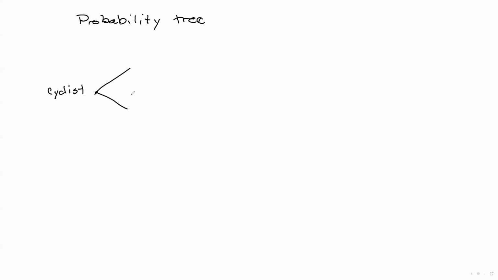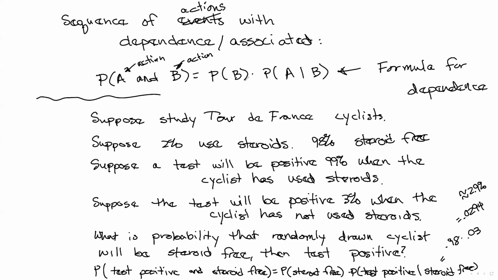The first thing the cyclist does is take steroids or not. So we have steroids and not steroids, with 2% and 98%. Where did those come from? They gave them to us, right here in the second sentence.